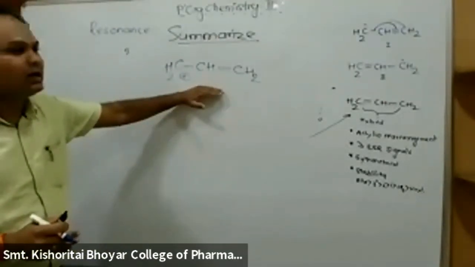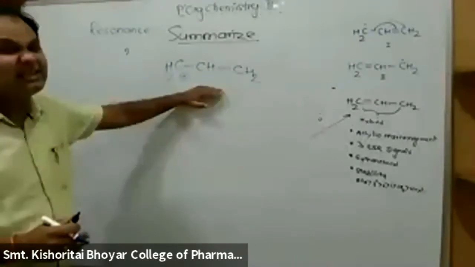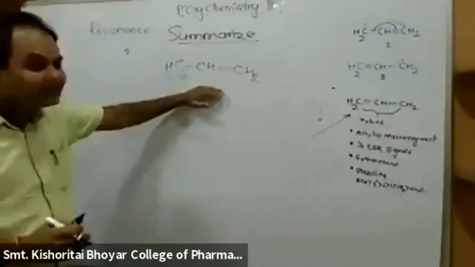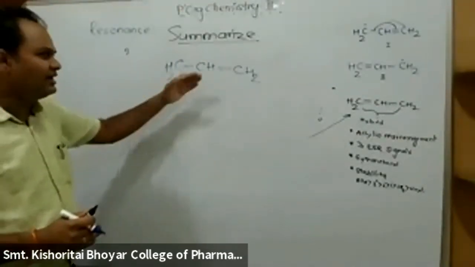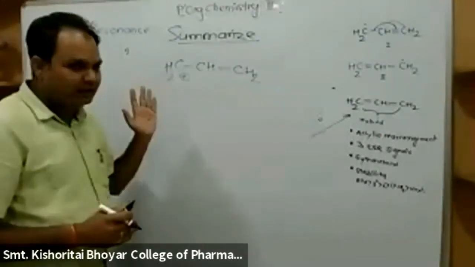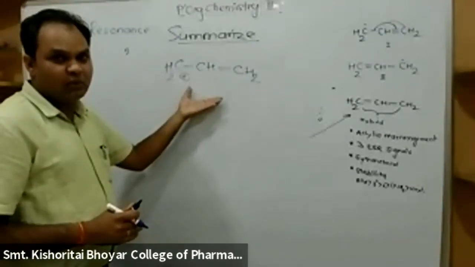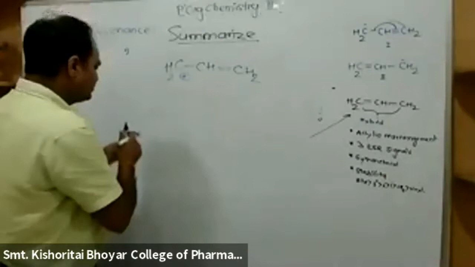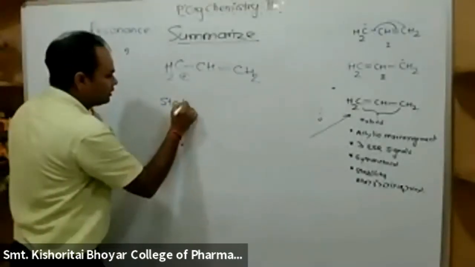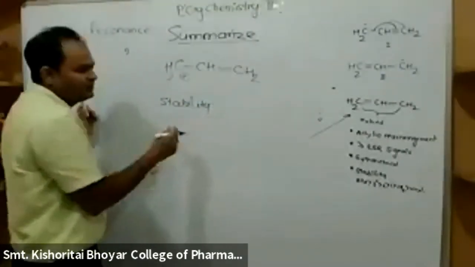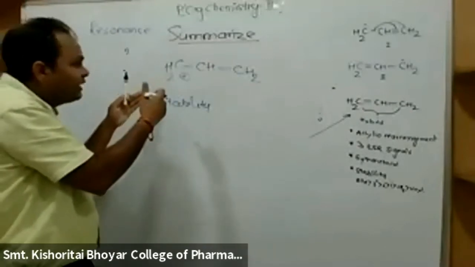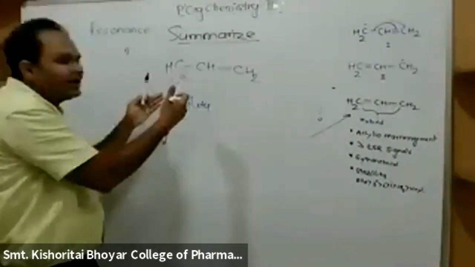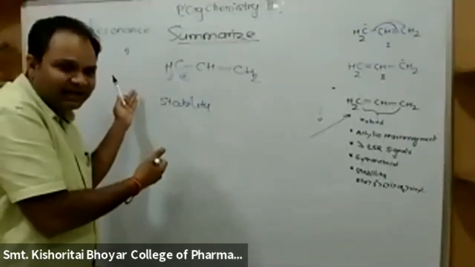This is called allyl cation. Allyl cation, not radical. Allyl cation has a positive charge. Again, it is similar to allyl radical. So again, it is a most stable one. Okay, and if you see the stability of the radical. Okay, in a similar way, you can explain or explore this allyl cation molecule just like allyl radical.